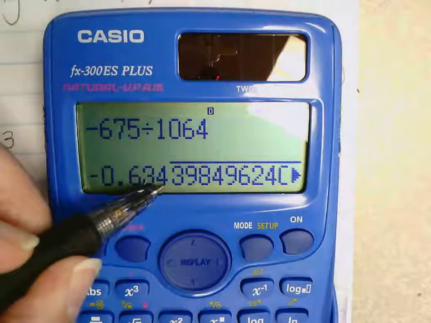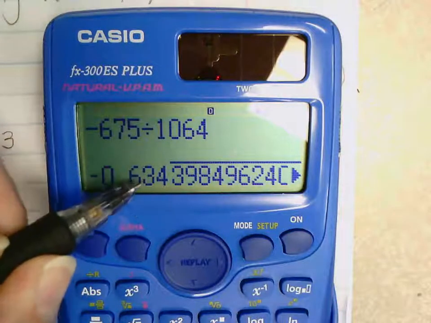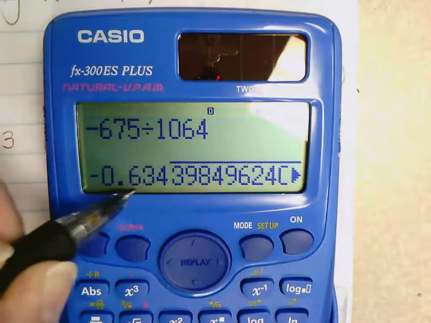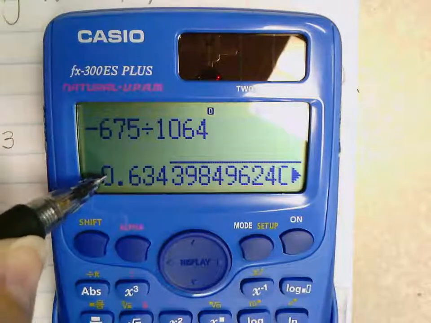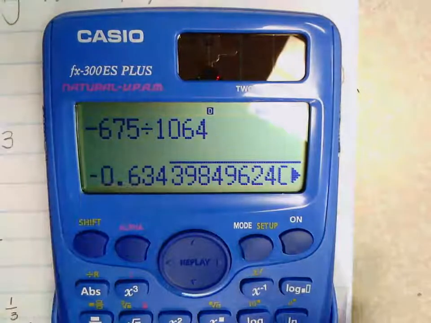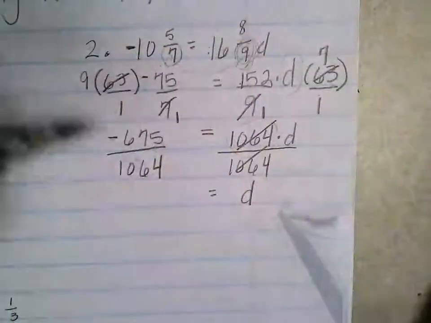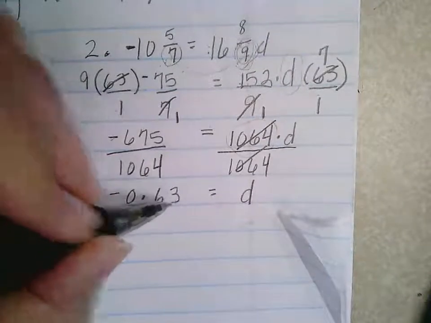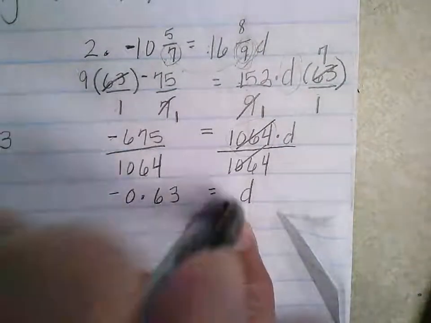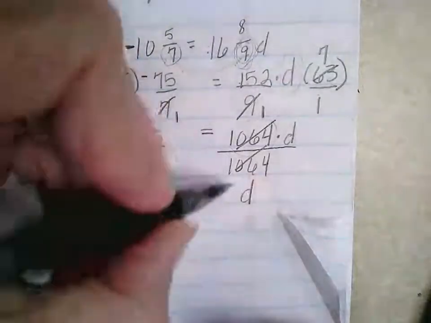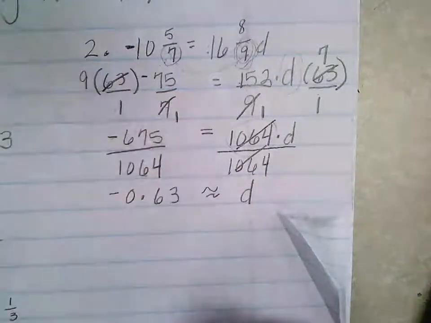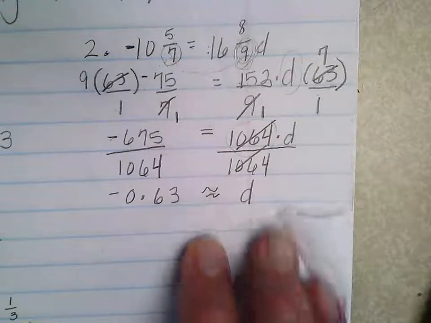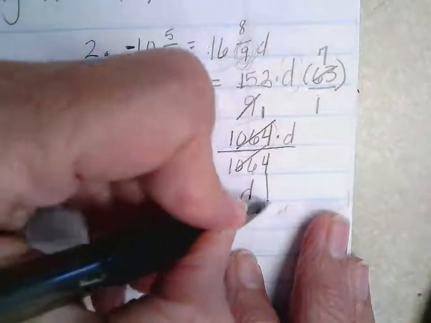Because this number is less than 5, I'm going to leave my 3 alone, and I'm simply going to write -0.63 as my answer. If you wanted to be very, very accurate, this symbol actually should change to the wiggly equal sign, which means it's about, because we rounded. And that would tell us that we rounded.